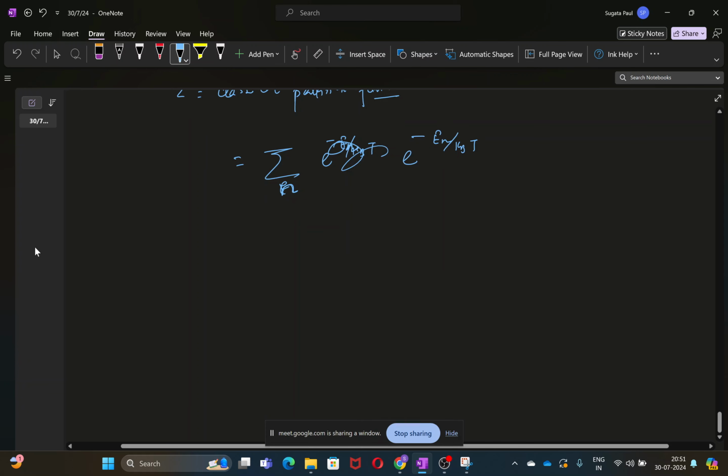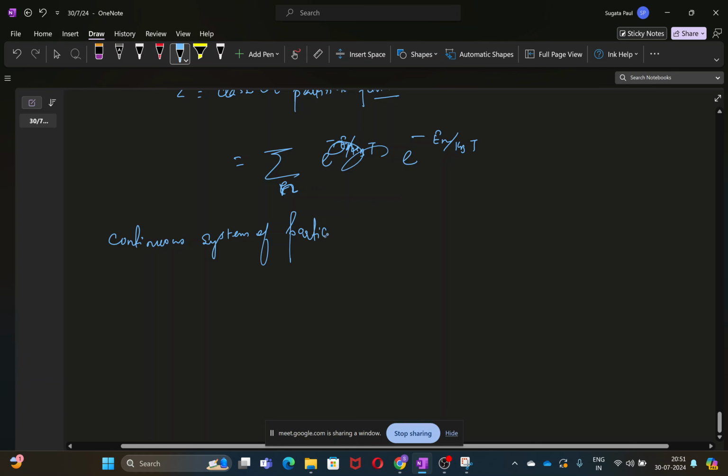Now, because this is a continuous system, because there are n number of particles where n can go to infinity, instead of discrete summation, we'll have to use integration, because continuous summation is done by integration only, we know that.